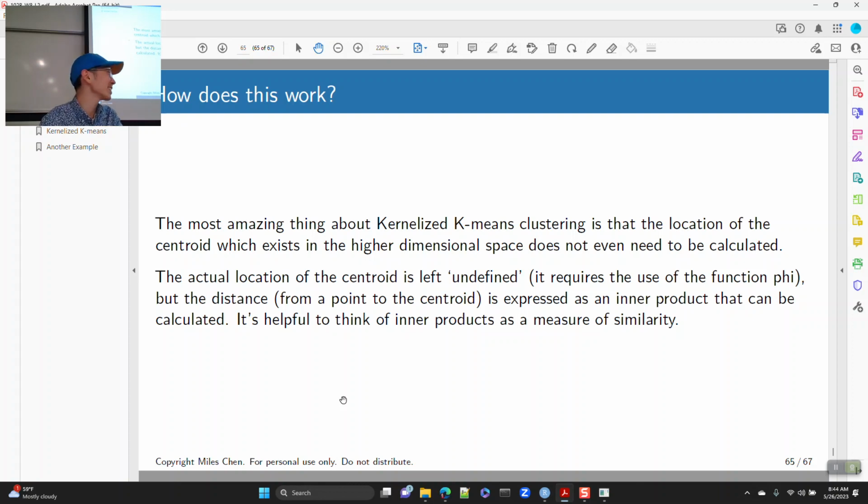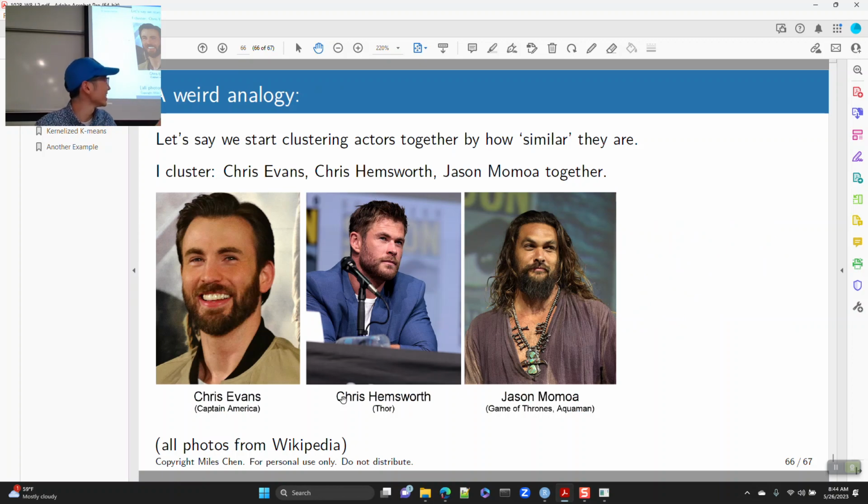I was thinking of some celebrities, some actors: Chris Evans, Chris Hemsworth, and Jason Momoa, and I would cluster them together. They play characters who are not afraid to throw a few punches, but also often in heroic roles.